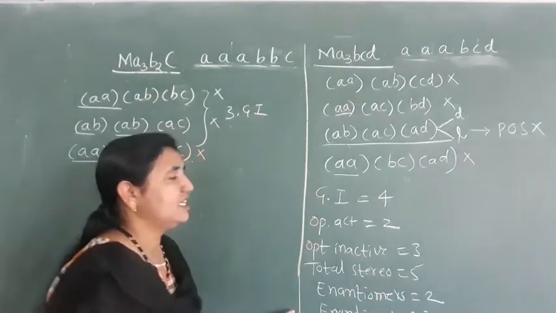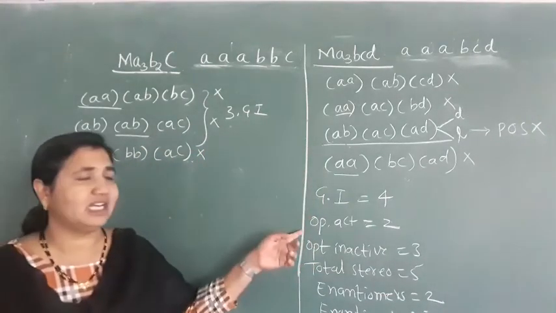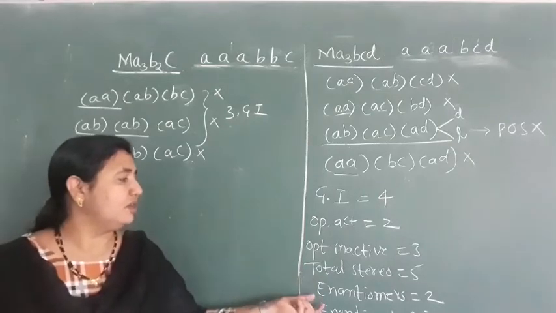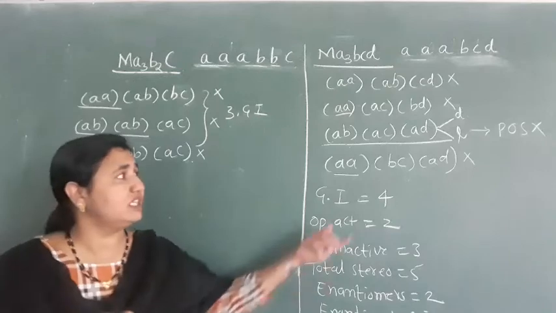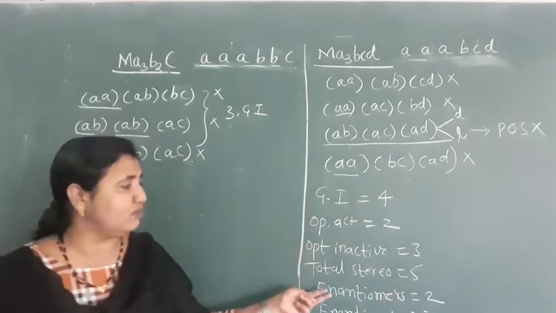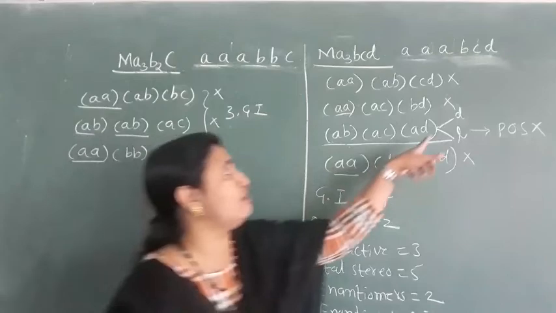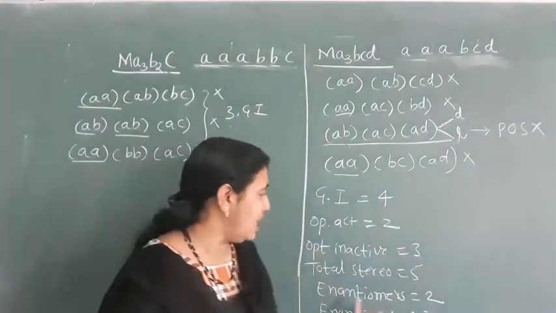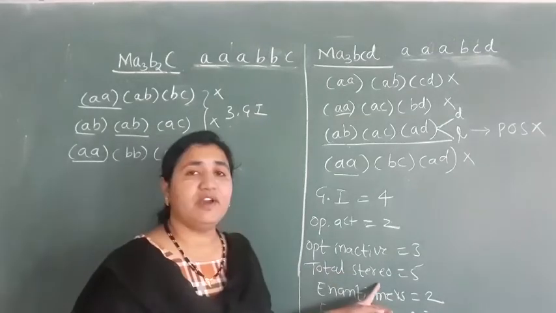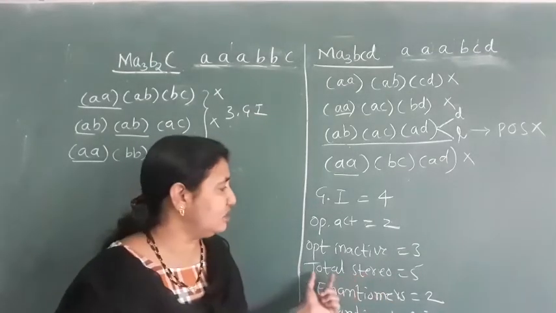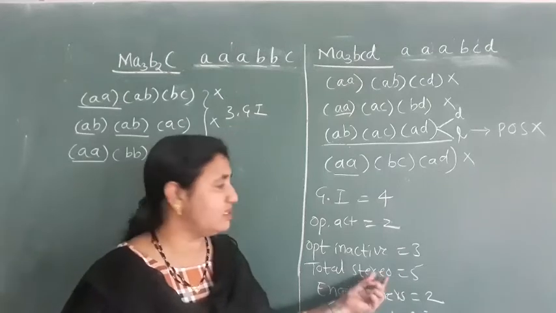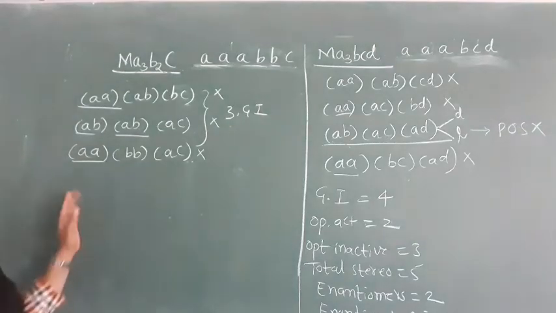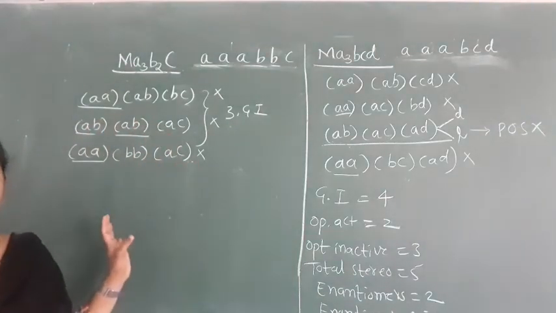Like this they can ask: number of geometrical isomers, number of optically active isomers, inactive isomers or enantiomers. Enantiomers means dextro and levo, 2 are there, so we can write 2. And how many pairs? This is 1 pair. And total stereoisomers or space isomers, if they ask, we have 5 here. Like this you can calculate in octahedral. These all are for the monodentate ligand. Okay.